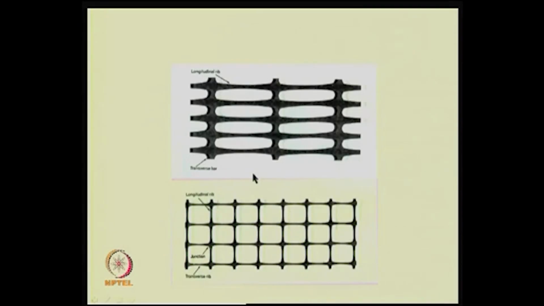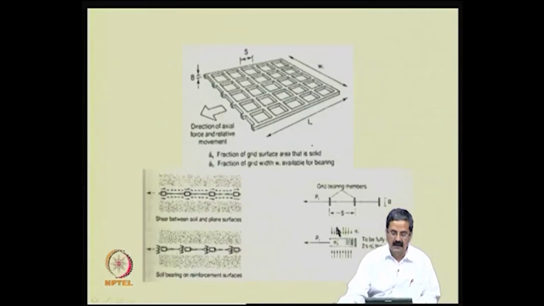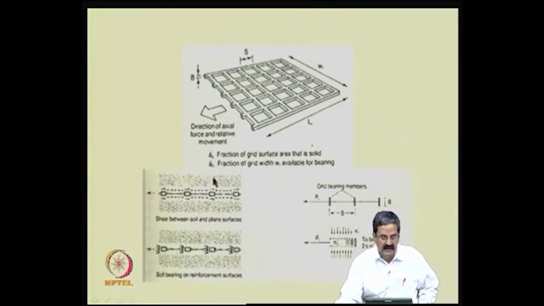It can be, as I just mentioned, a geogrid. This we use most of the time for reinforced slope applications or retaining wall applications. This one is used for bearing capacity and pavement applications. Here this is a geogrid, and this is the direction of axial force, and there is a contribution of the grid.